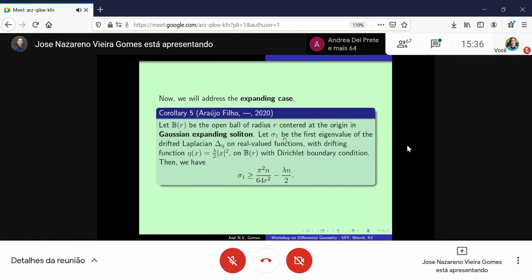Let sigma 1 be the first eigenvalue of the drifted Laplacian on real valued functions, with drifting function being the potential function of the Gaussian expanding soliton. So we have this estimate for sigma 1.